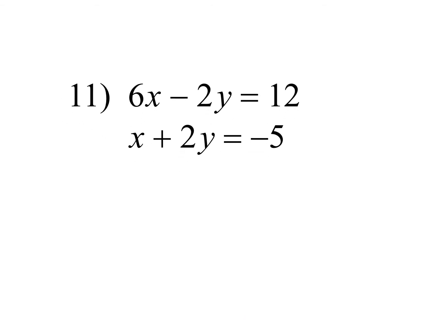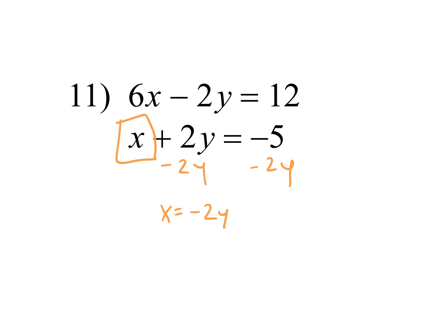All right, number 11. Do I have a variable isolated? Not yet. So how do I get that variable to be isolated? In the bottom, x or y? X. We want to get this all by itself, so what do I need to do? Subtract 2y on both sides. So x is equal to, what comes next?